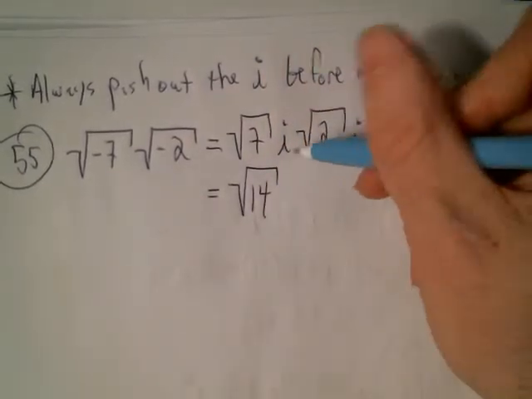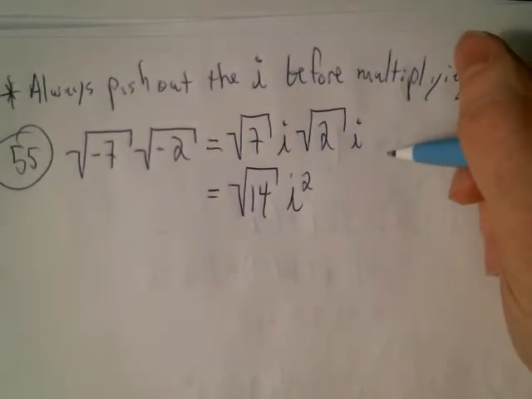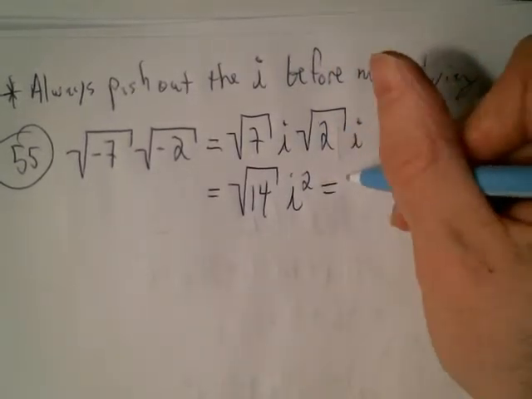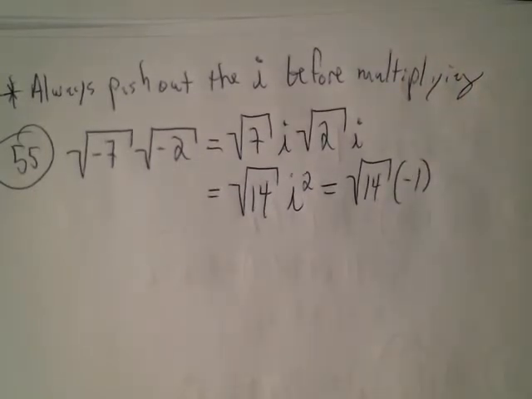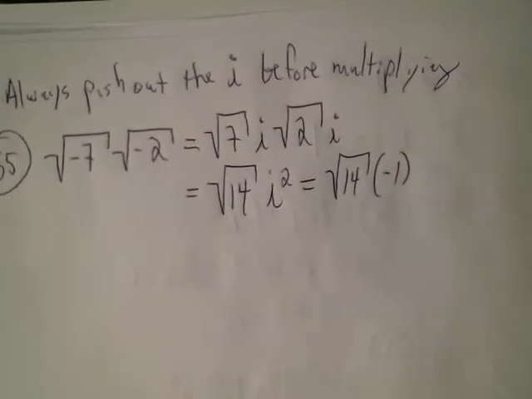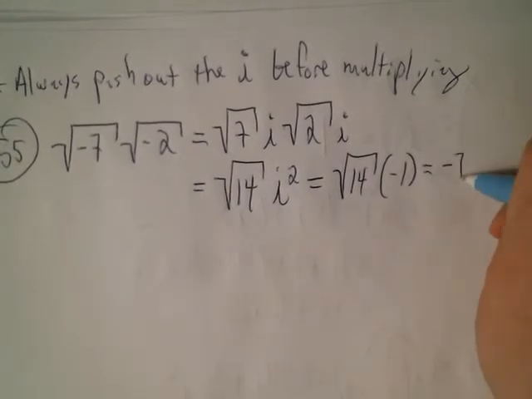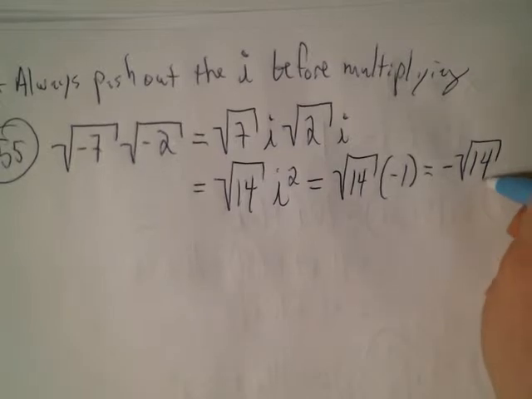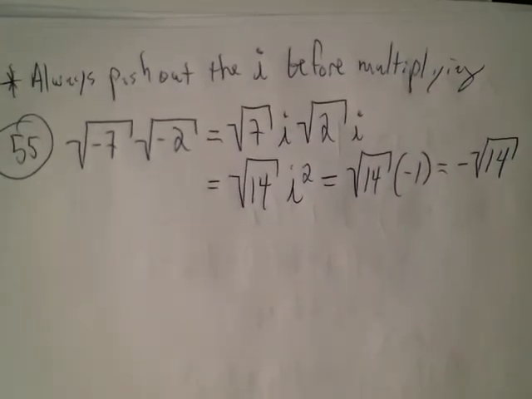Nothing you do there. i times i is i squared. And then I'll have radical 14 times negative 1. i squared is negative 1. So negative 1 times radical 14 will just leave you with negative radical 14. So that's the answer.